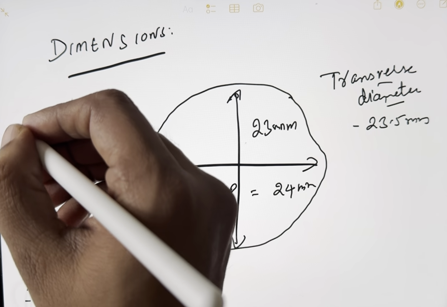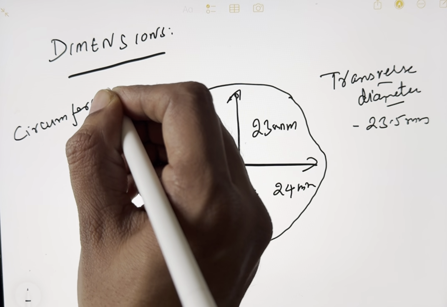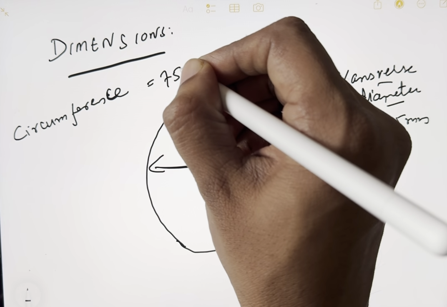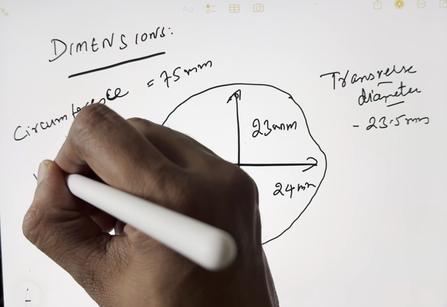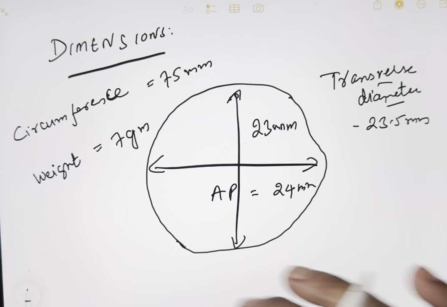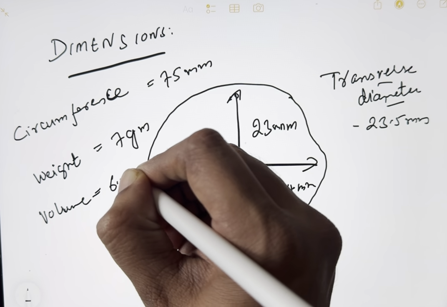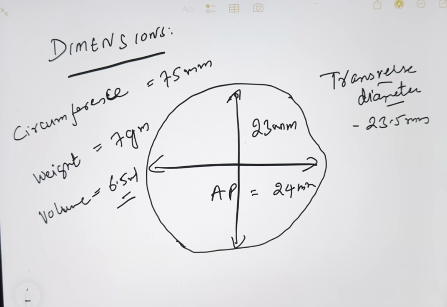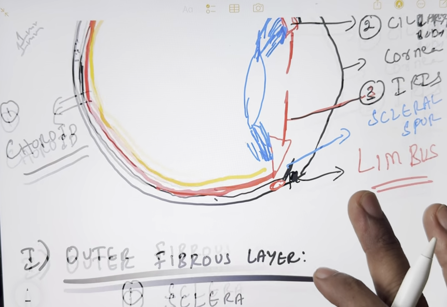The circumference of the eyeball is around 75 millimeter, the weight of the eyeball is approximately 7 gram, and the total volume of the eyeball is around 6.5 ml. So these are the general dimensions of the eyeball.